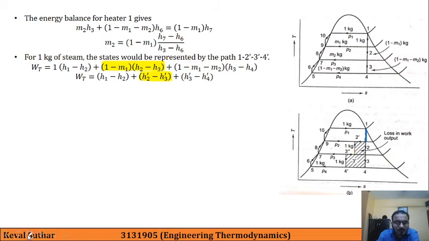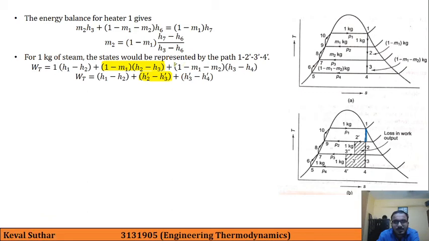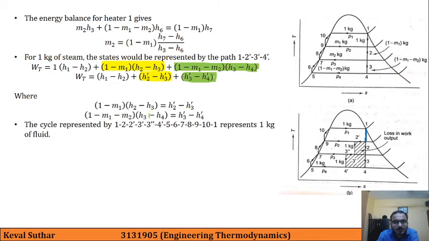And here the another one which is replaced is this, that is 1 minus m1 minus m2 into h3 minus h4 is being replaced with this 1 kg. So here we are getting loss in work output. So as you can see, this yellow are being equated and the green are being equated.